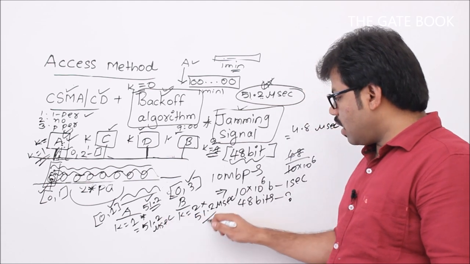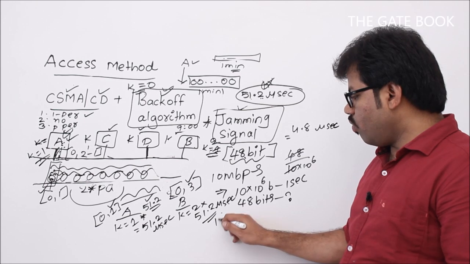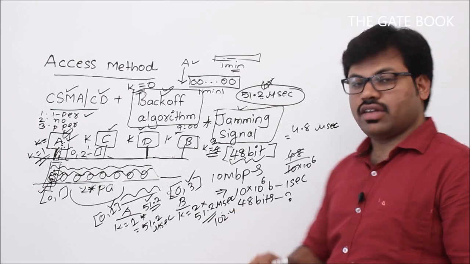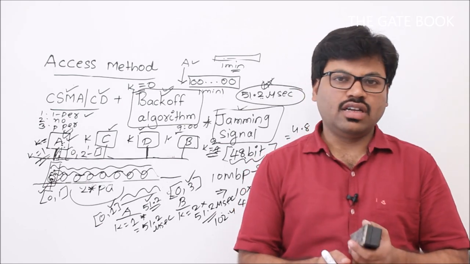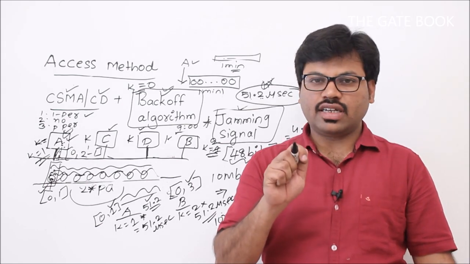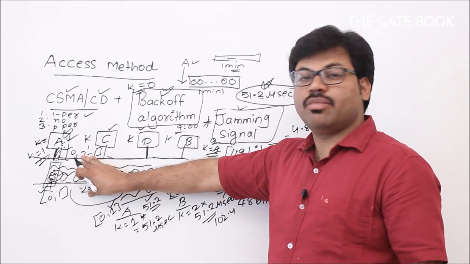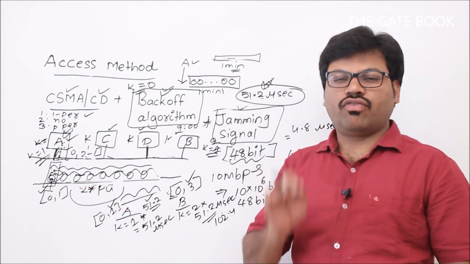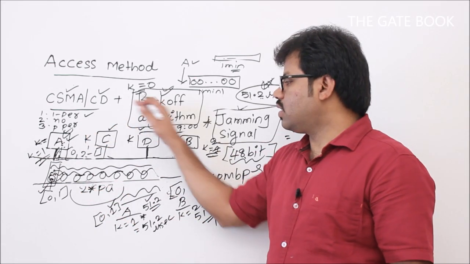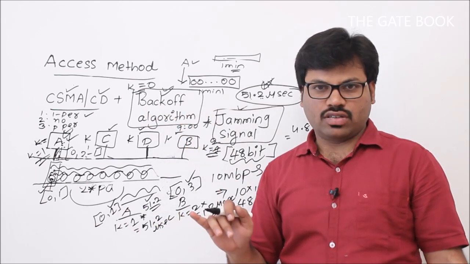B is going to start sending the data after 2 into 51.2, that means 102.4 microsecond. So A will be sensing first, after that B will be sensing. But you know one thing, before sending the data, definitely they should sense. If the medium is idle, then only they should send. Understand? Now the final point. After the collision, they will generate some random numbers based on the backoff algorithm.